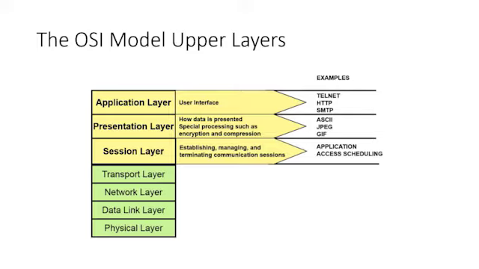Then below that, we have a presentation layer of how that application is going to be presented to us as end users. Is it going to be a picture? Is it going to be words or graphics? Or is it going to be music or video? So that's all how it's shown or presented to us as end users.